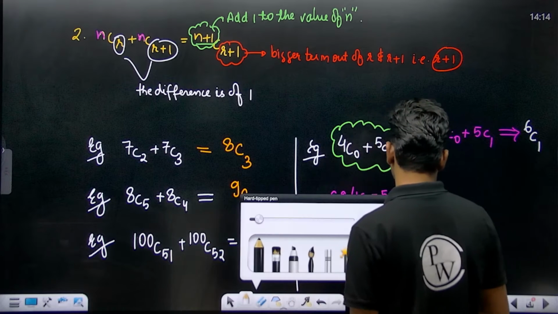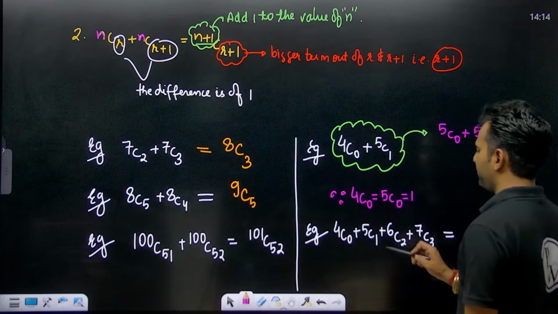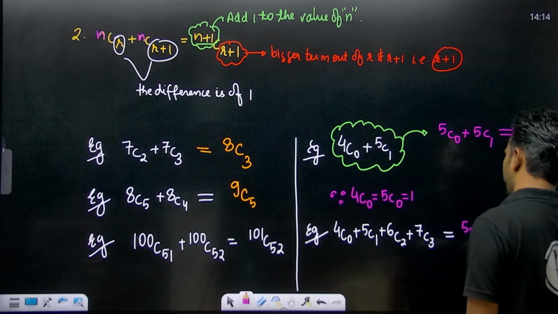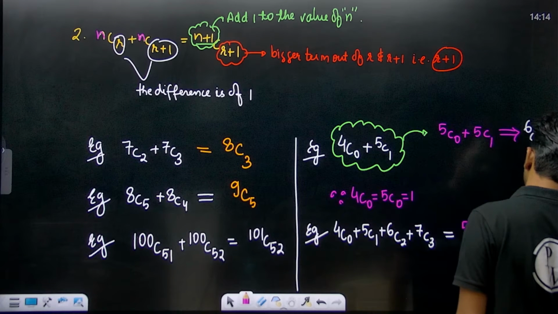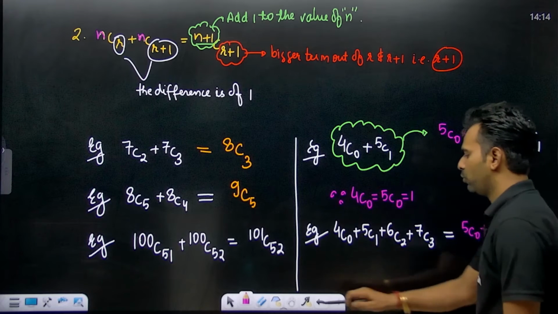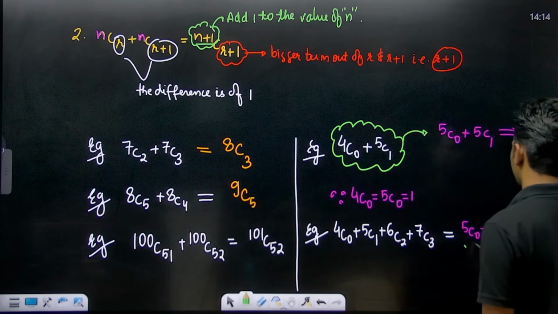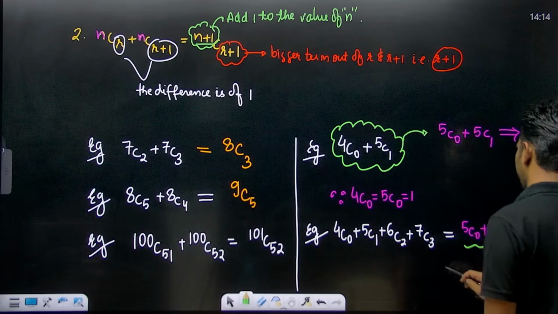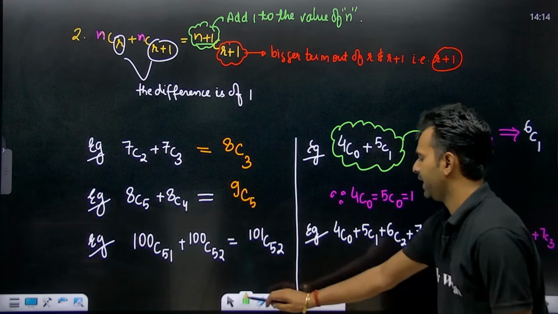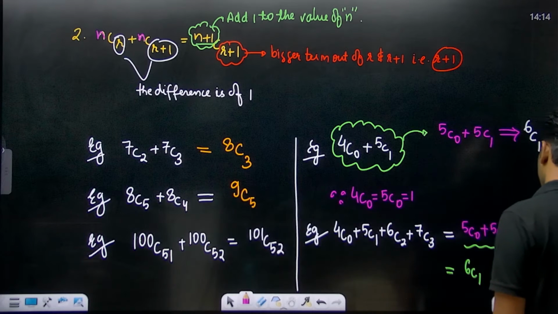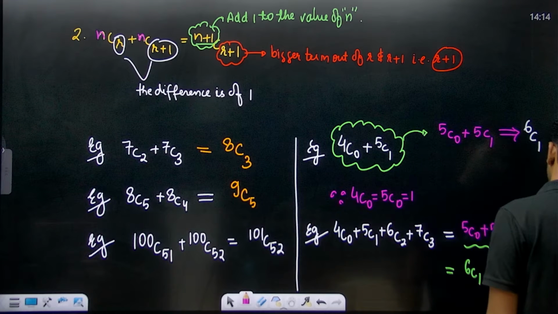The same problem can be written as 5C0 plus 5C1 plus 6C2 plus 7C3. The moment you apply this formula in these two terms, can you write down this as 6C1, okay, and then writing down these remaining expressions as they are, 6C2 plus 7C3.